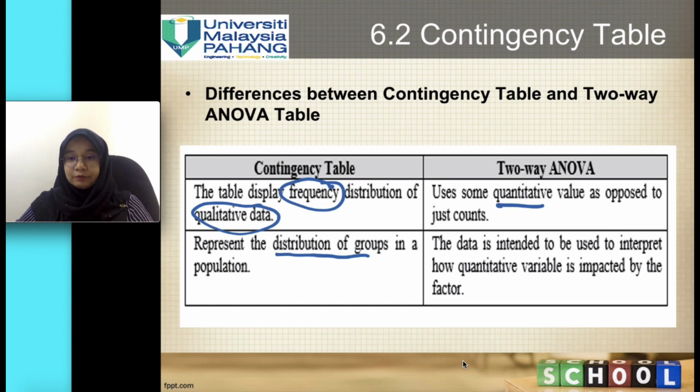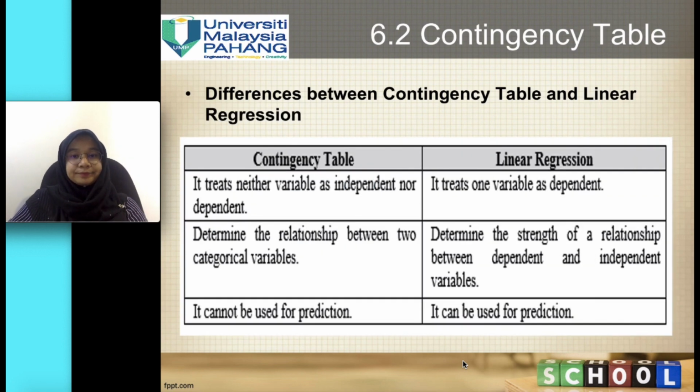For two-way ANOVA, the data is intended to interpret how a quantitative variable is impacted by the factor, because we talk about the factor. The contingency table is about categorical data, qualitative data. This is also the difference.